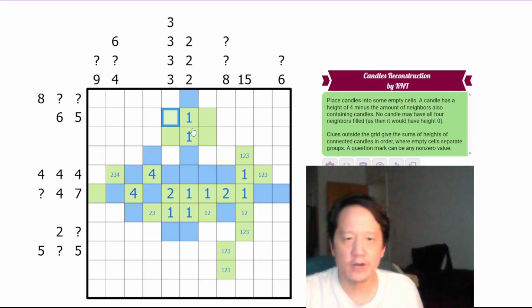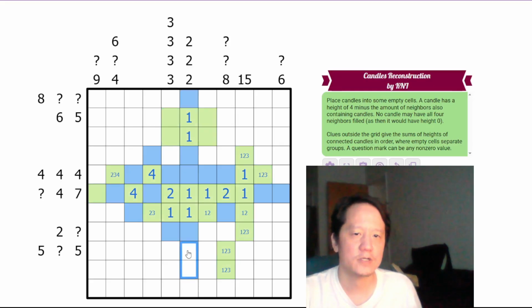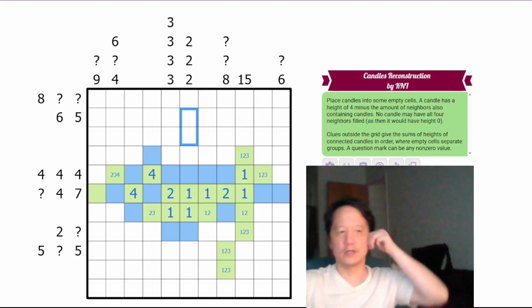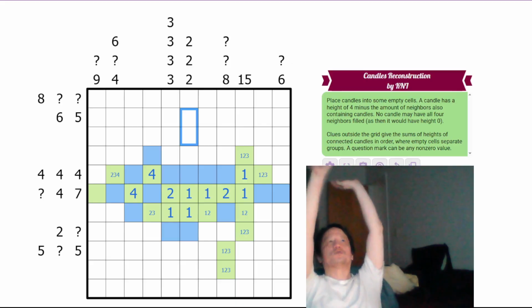So no matter what, one of these twos must correspond with a set of 3 here. And it could be as 2 or as 2 ones.